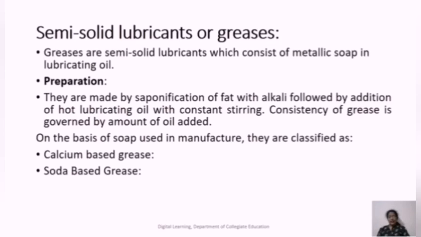And the second one is soda based grease. These greases are prepared by mixing sodium soap with petroleum oil. They are soluble in water. These can be used up to 175 degrees centigrade. These greases are used in ball bearings.